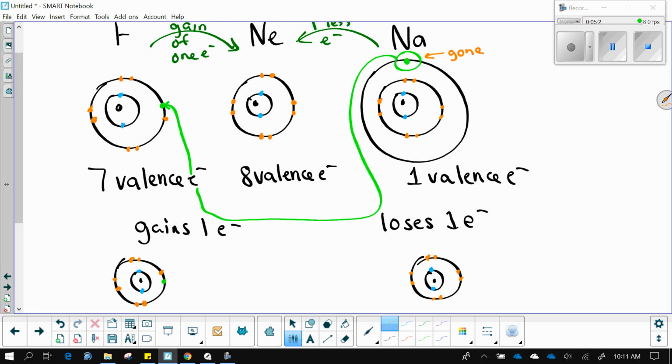They now all have the same electron arrangement, and that's the key of reactivity. Elements that are a little short of electrons compared to a noble gas will gain electrons. Elements that have just a few extra electrons compared to a noble gas will lose them.